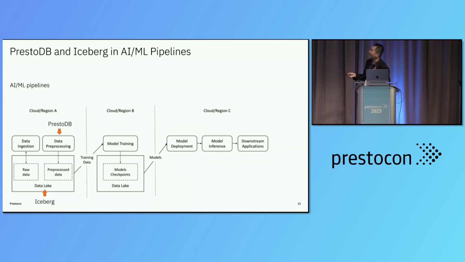Then the data goes to our GPU machines to train our model, and the model can write out the model or sometimes some checkpoints. After we have a good model, we go through the model deployment life cycle and do the inference for the downstream applications. That's the position of Presto plus Iceberg in the machine learning pipeline.